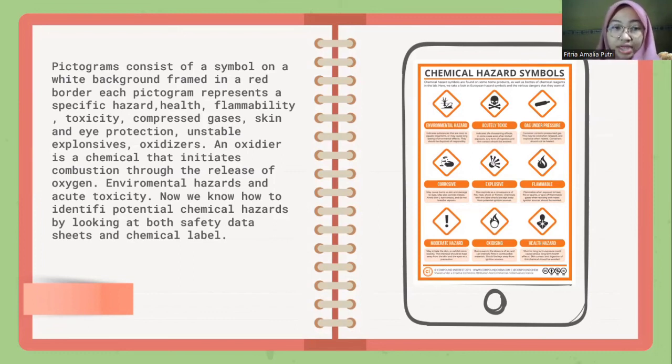Also environmental hazard and acute toxicity. Now we know how to identify potential chemical hazards by looking at both safety data sheets and chemical labels.